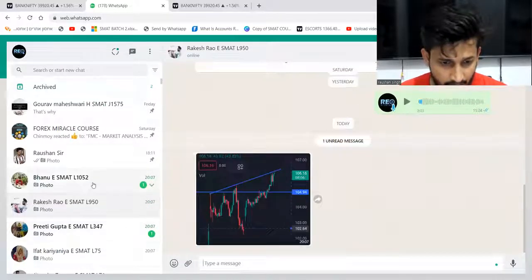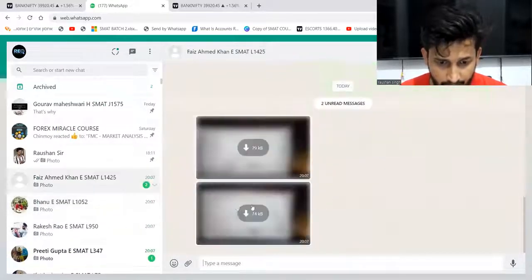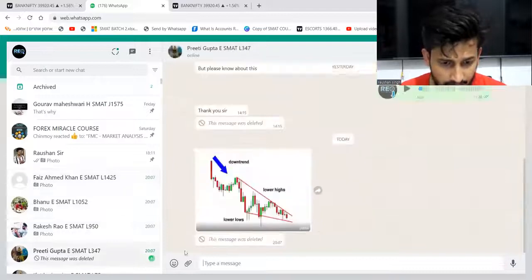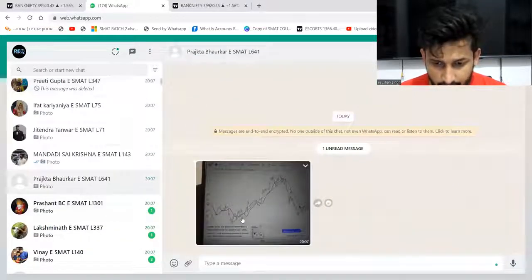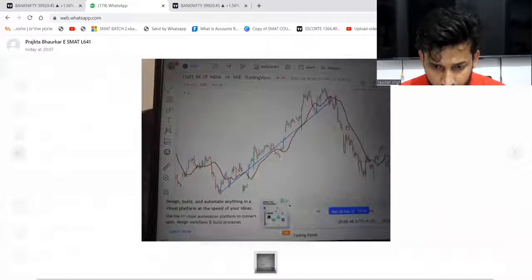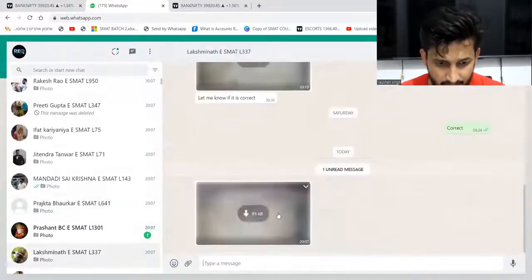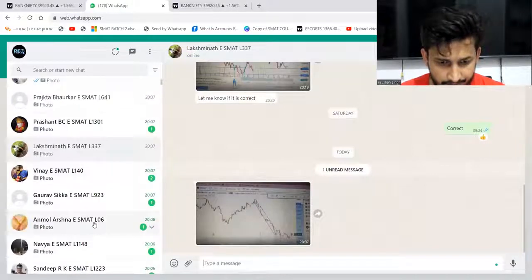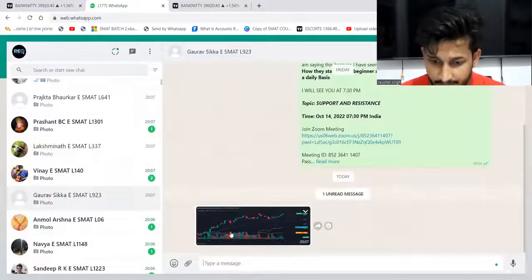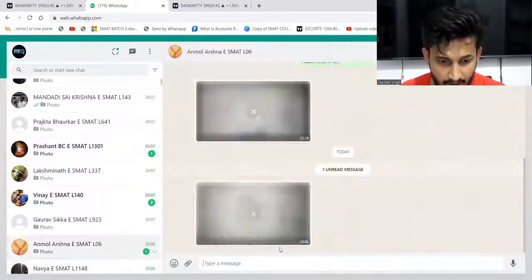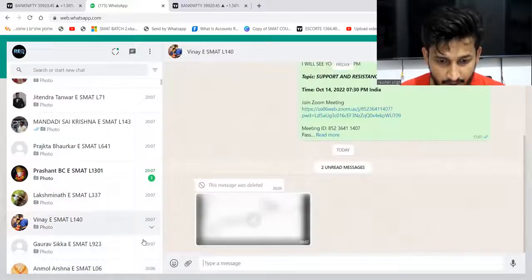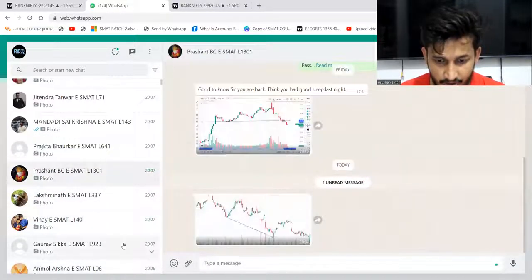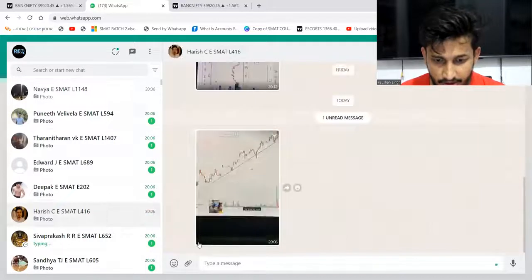Rakesh Rao, Bhanu, Faiz, Prajakta, Lakshmi Nath, Gaurav, Navya, Anmol, Vinaya, Prashant, Harish, all correct.